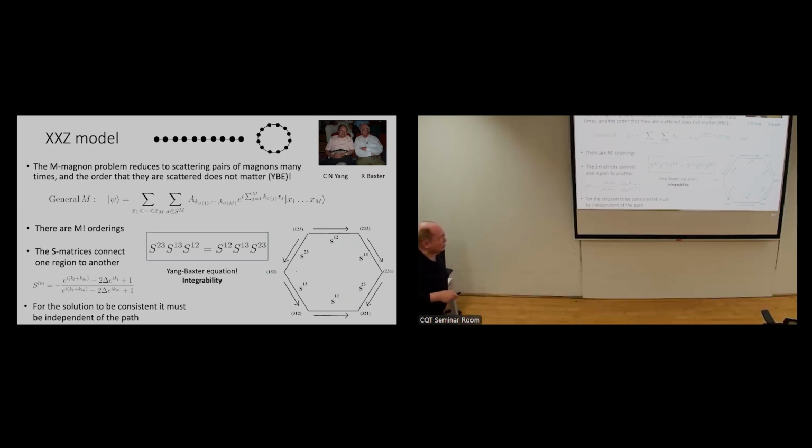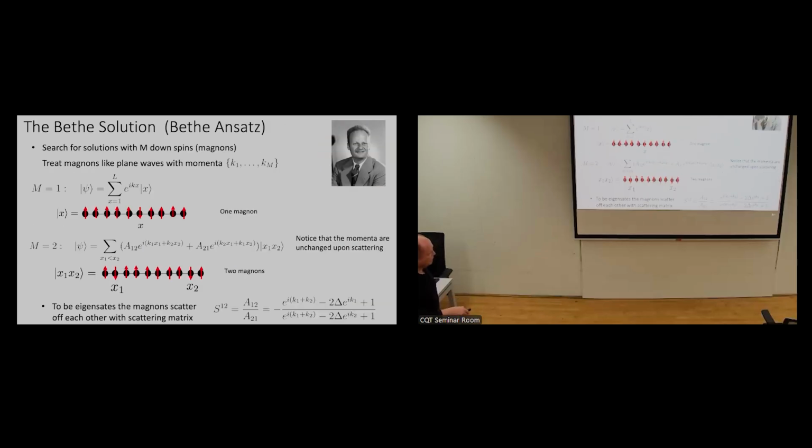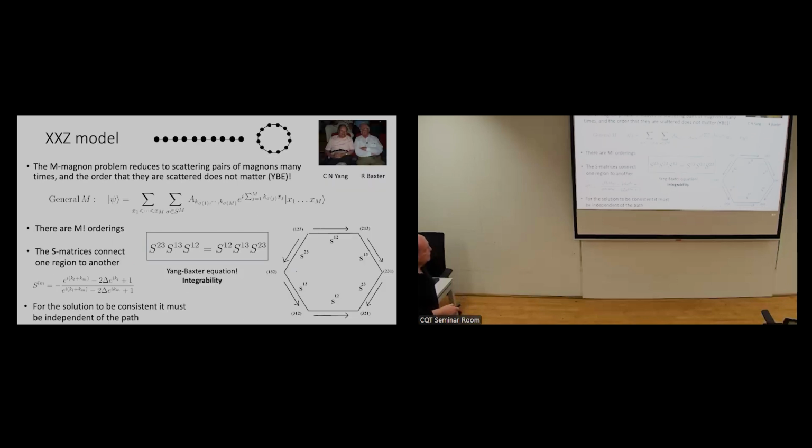To be consistent, this construction requires that whether I choose this path or this path, I get the same wave function. Namely, the S matrix must satisfy this Yang-Baxter relation. You look at the S matrix that I computed earlier, and indeed it satisfies the Yang-Baxter relation for three particles. And then you can show that if it satisfies it for three particles, it satisfies it for any number of particles.